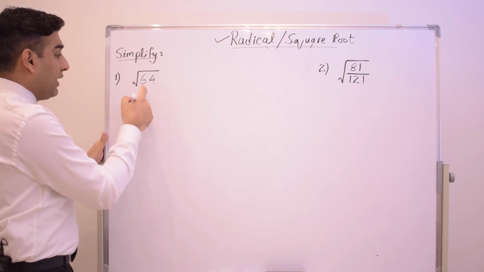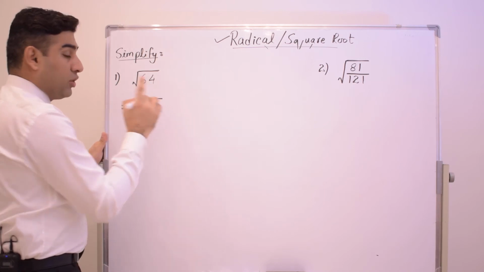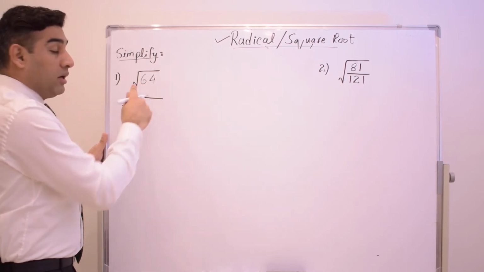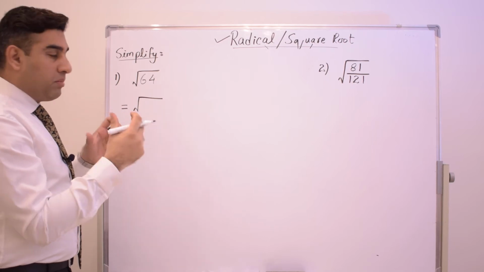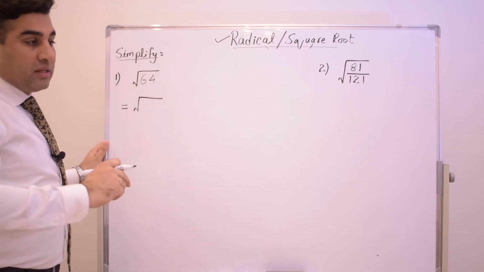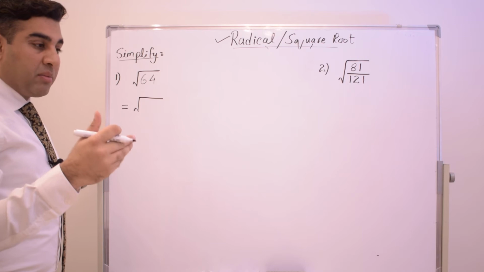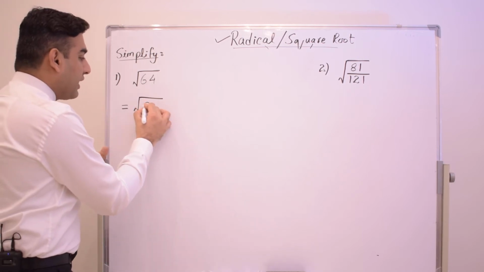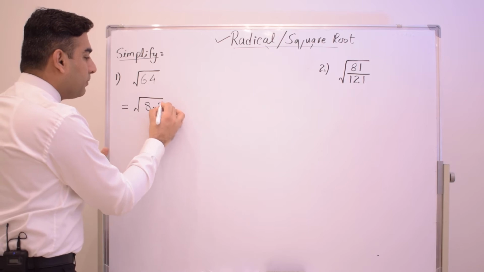If you want to simplify, you have to think what two same numbers you multiply to get 64. In the times table of 8, you know that 8 times 8 is 64. So you can easily write 8 times 8.